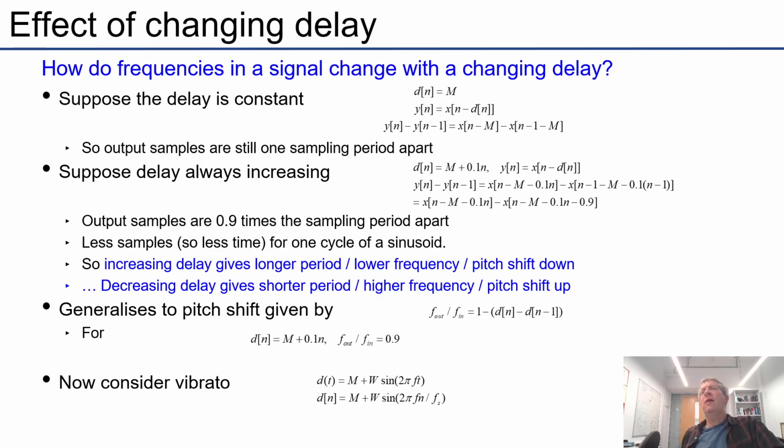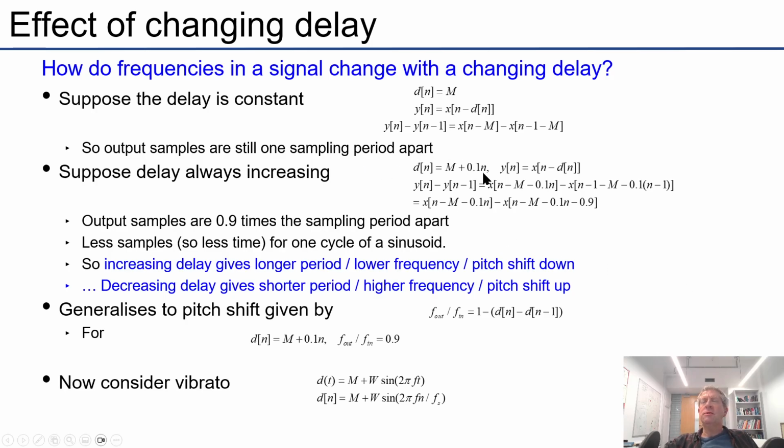So we have a delay which is some constant value m, and so when x changes from one value to the next by one sample, the output samples are also still one sampling period apart. Now, suppose the delay is always increasing, which it can't do indefinitely, but let's suppose it is the case.